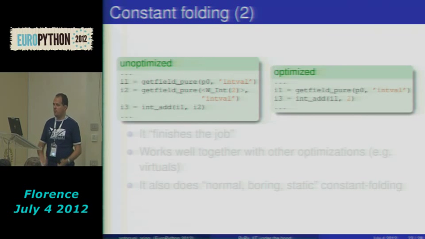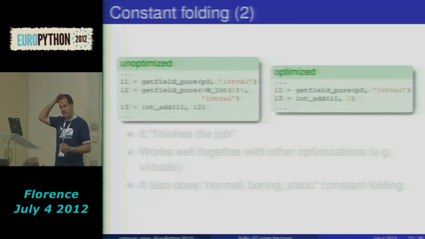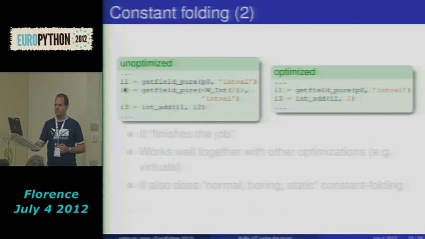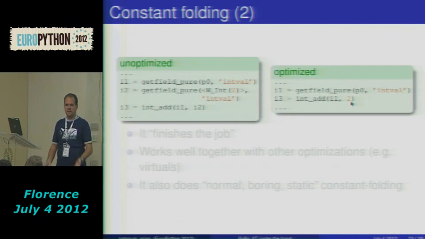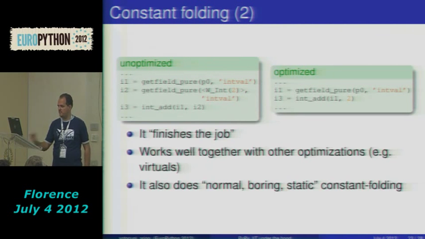Exactly. So what happens? Well, we just constant fold. So we remove the operation from the trace, and remember that the trace is very concrete, so we know the value of this i2 because we recorded it. So we just take this and substitute it in the optimized trace, and so we get this nice optimized operation.